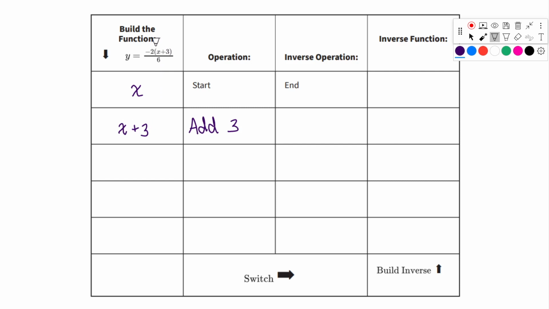That value is then being multiplied by negative 2, so the operation is multiply by negative 2. Negative 2 times x plus 3, and then that expression is being divided by 6.